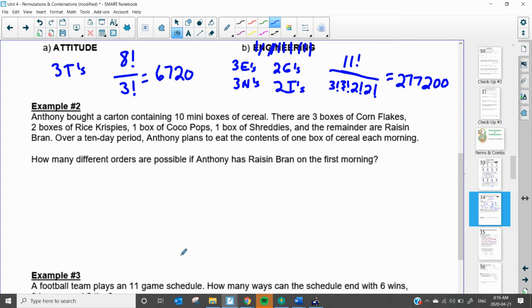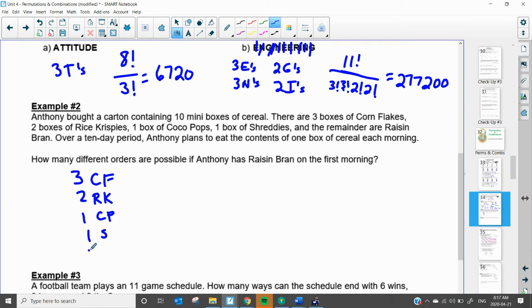Well, the first thing we got to do is figure out how many Raisin Bran are there. So there are 10 boxes of cereal. We have 3 boxes of cornflakes, 2 boxes of Rice Krispies, 1 box of Cocoa Pops, and 1 box of Shreddies. And so that's 3, 5, 6, 7.